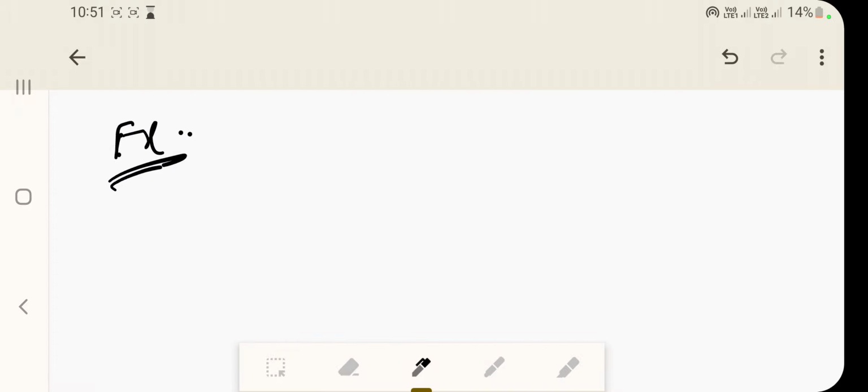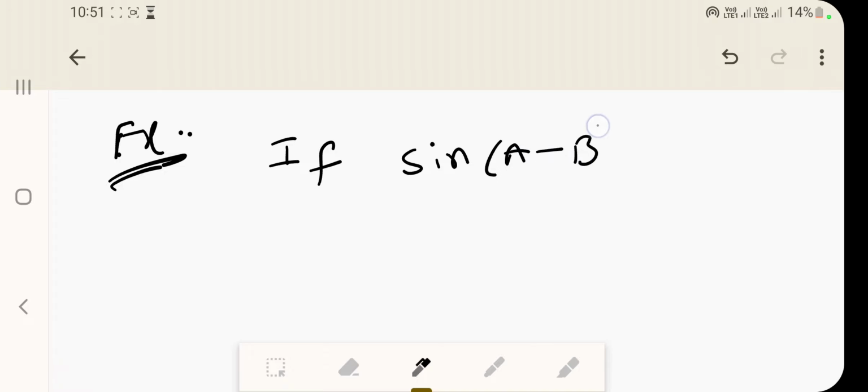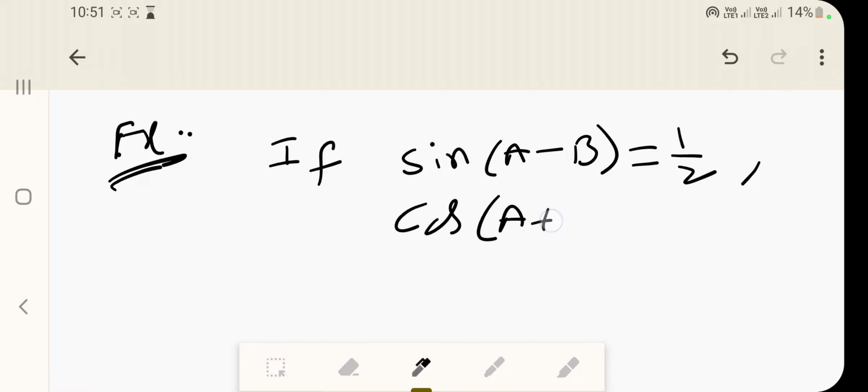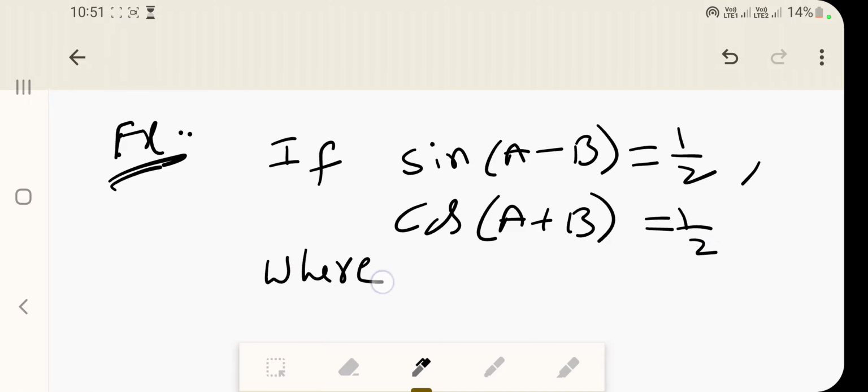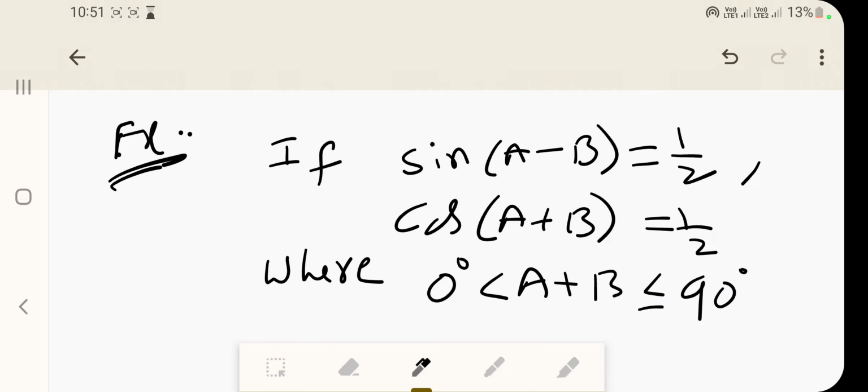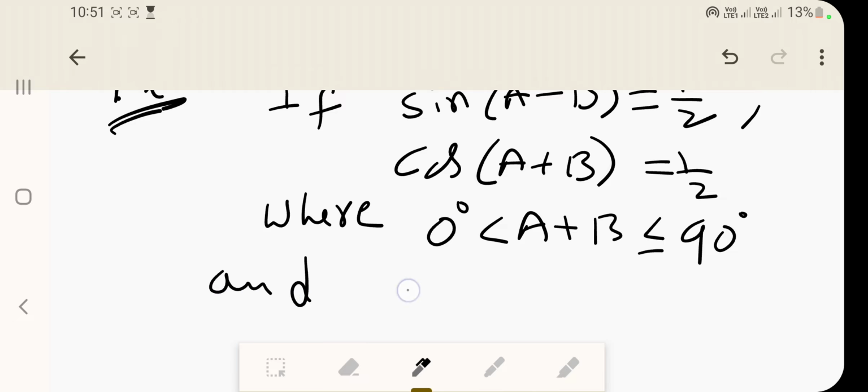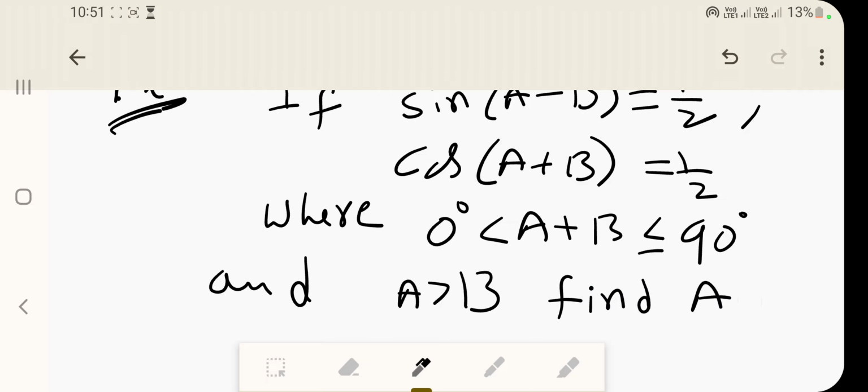It is on page number 288 from the trigonometry chapter. The problem is: if sine of (A minus B) is equal to 1 by 2, and cos of (A plus B) is equal to 1 by 2, where A plus B is greater than 0 degrees and less than or equal to 90 degrees, and A is greater than B, then find the angles A and B.